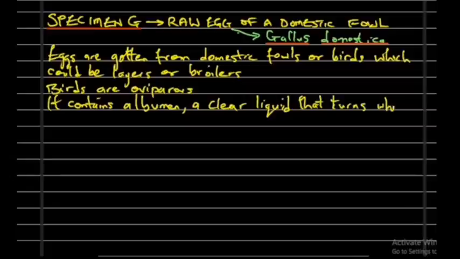When you apply heat to the egg, you notice that the liquid part of the egg, which is called the albumin, starts to solidify, and as it solidifies, it takes on a white coloration. It also contains water and protein, serving as nutrients.